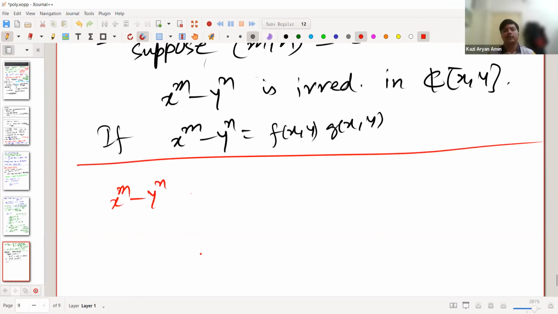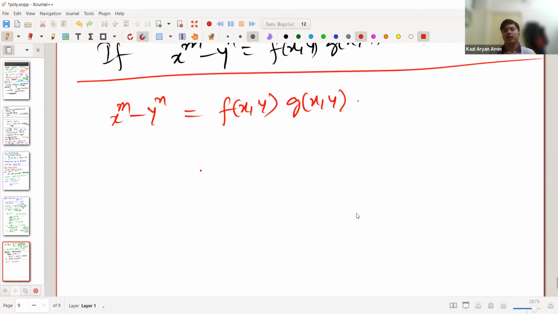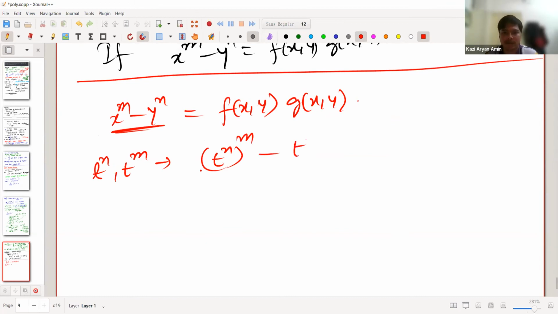Okay, so suppose you had x to the power m minus y to the power n equals f of x comma y times g of x comma y, right? First of all, notice that one easy way to get 0 on this side, which is going to tell us about the roots of f and g, is to just put x equals t to the power n, y equals t to the power m. Why is that? Because of this identity.